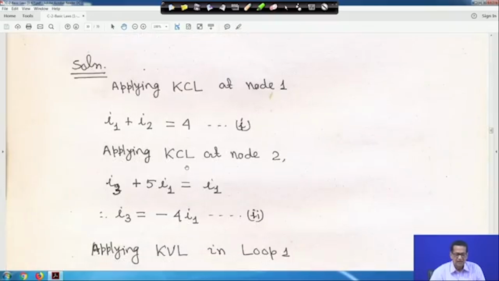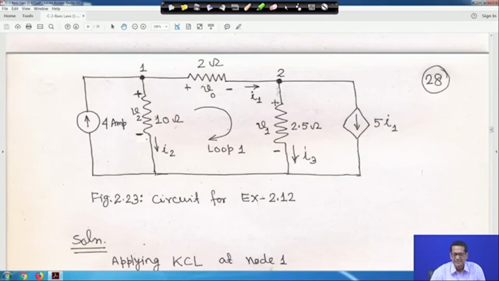This is applying KCL at node 2. Current I1 is entering at node 2, I3 is leaving and 5 I1 also, this is a dependent current source, it is also leaving. So I1 is equal to 5 I1 plus I3.